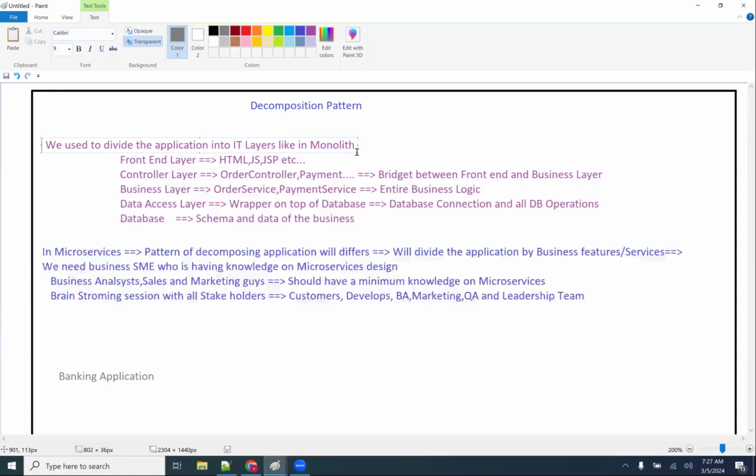But the important point here is every business service should be unique and autonomous. What do you mean by unique and autonomous, guys? Any idea?